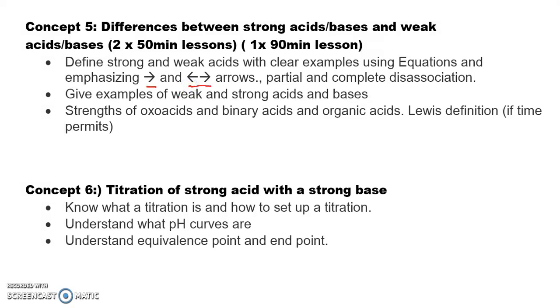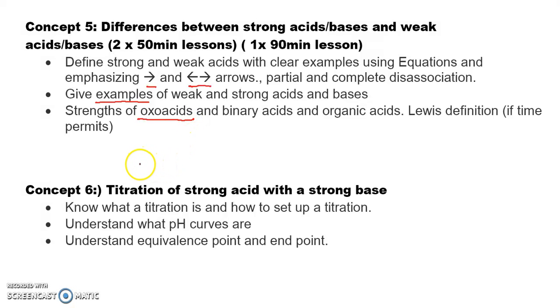We need to be able to give good, clear examples of each so students know and maybe learn some of these. We also need to try and understand oxoacids. Now, you may have done this in nomenclature as well when you were naming acids. So this can also help understand those concepts.